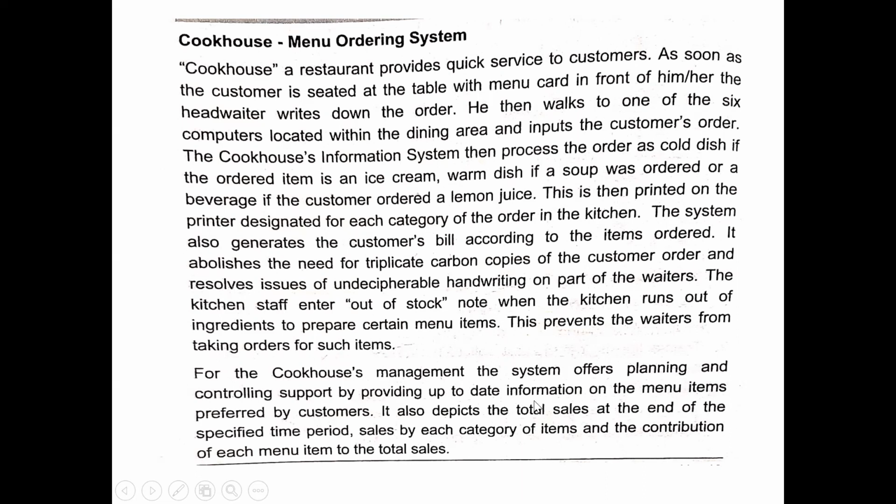It supports the management by providing up-to-date information on menu items that are preferred by customers. It also depicts the total sales during the specified time, and sales of individual categories, whether you are talking about warm dishes, hot dishes, beverages, etc. They can tell about the total sales in a particular category.